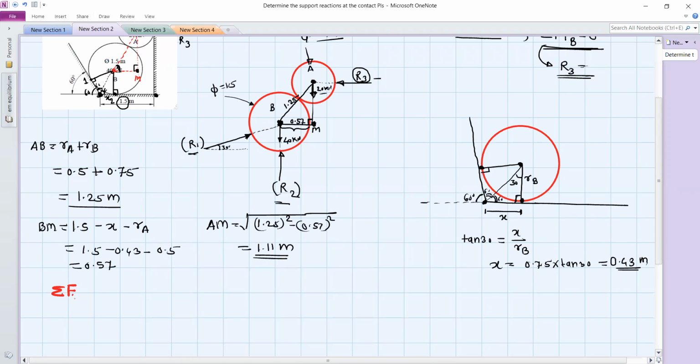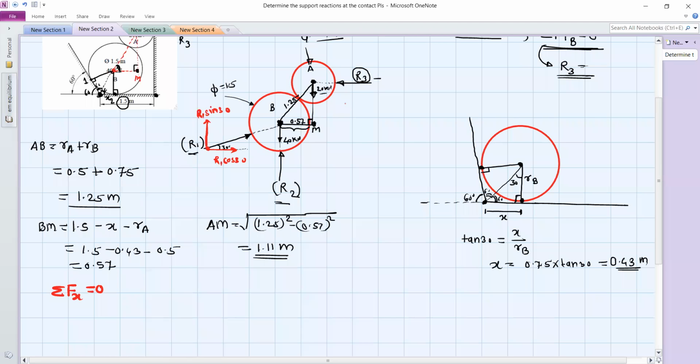So now use summation Fx equal to 0. For the summation Fx, consider all x components. So we need to resolve the forces. Okay, so R1 is actually inclined by 30 degrees. So you can resolve the force like this. So this is R1 cos 30, and this is R1 sin 30.